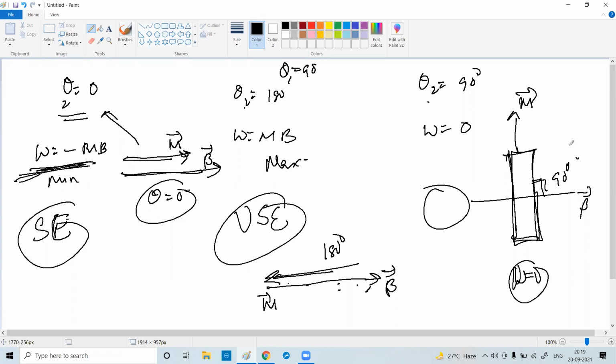So this is called the potential energy of a magnetic dipole. So you can write one point.